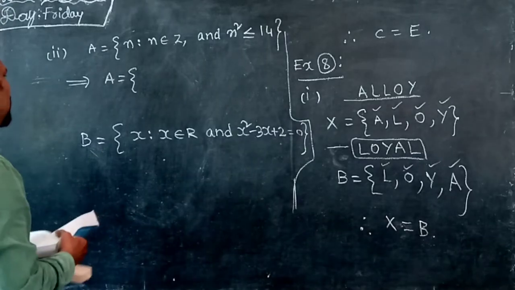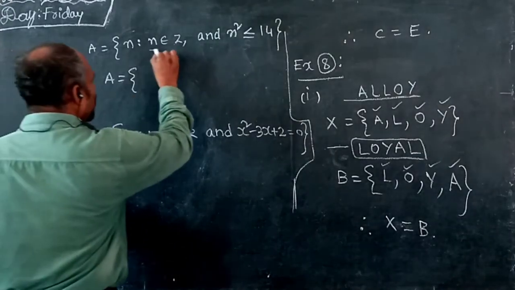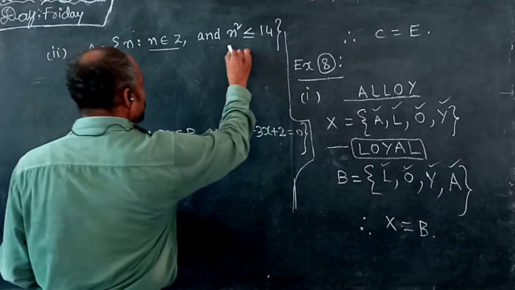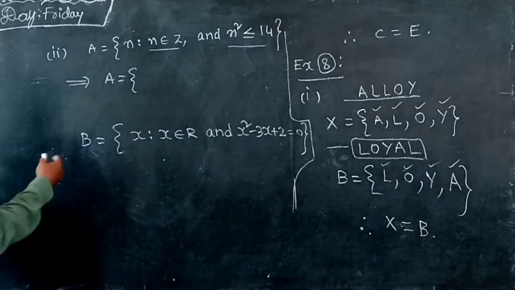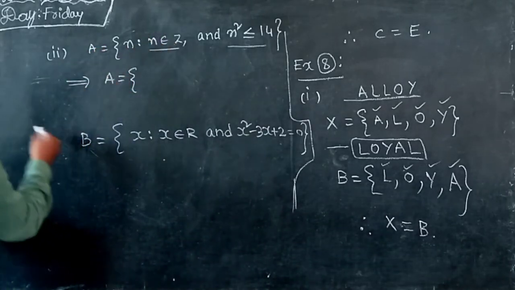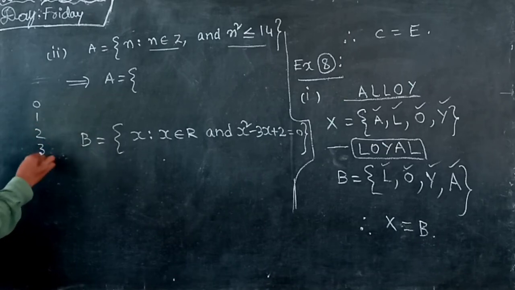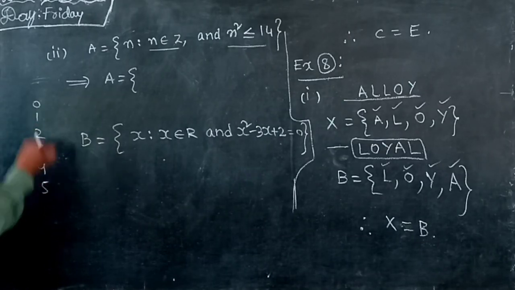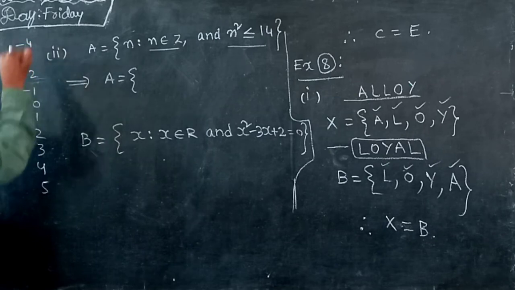Now let us write A is equal to the set of n such that n belongs to Z and n square should be less than or equal to 14. So here Z is integers, so we can take 0, 1, 2, 3, 4, 5, minus 1, minus 2, minus 3, minus 4.